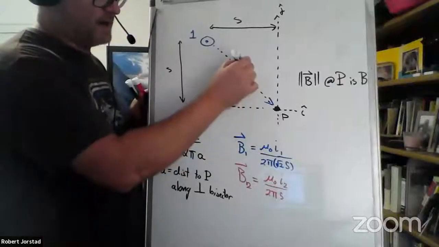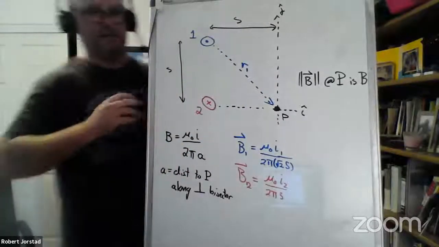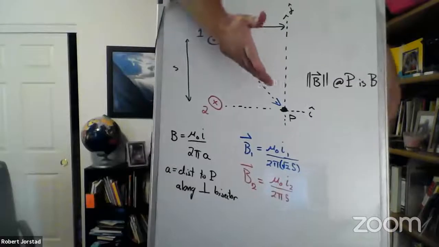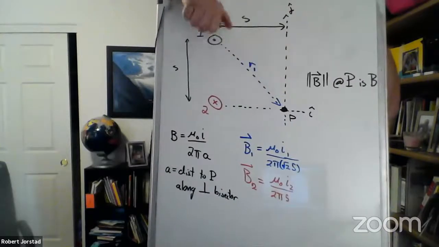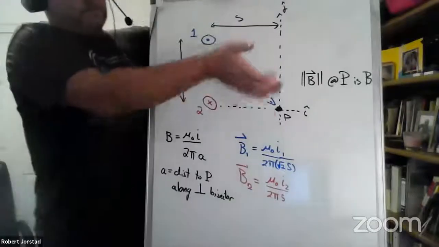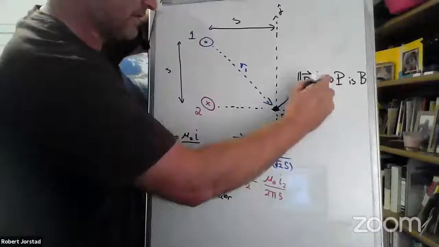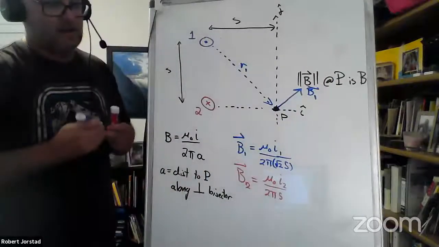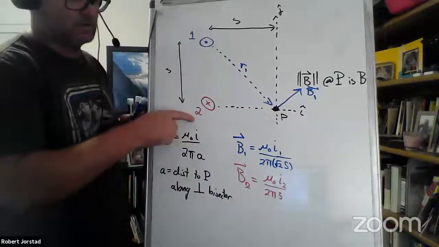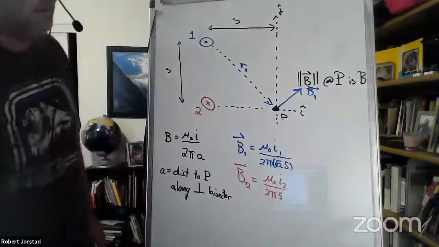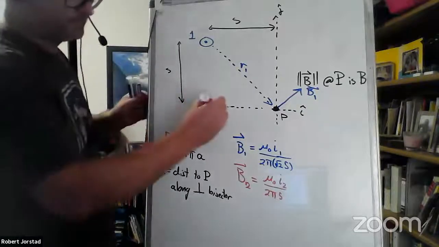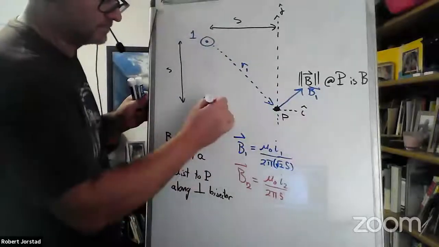So here's wire 1. Thumb in the direction of current. There's the B1 vector. And then where's B2? That one's pointing down. Let me check.